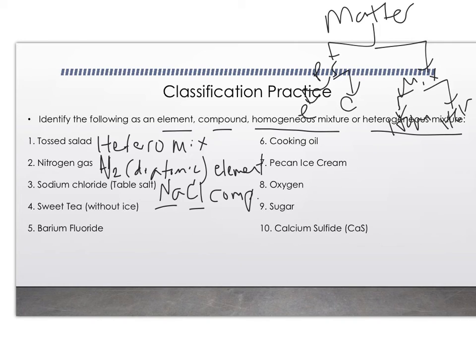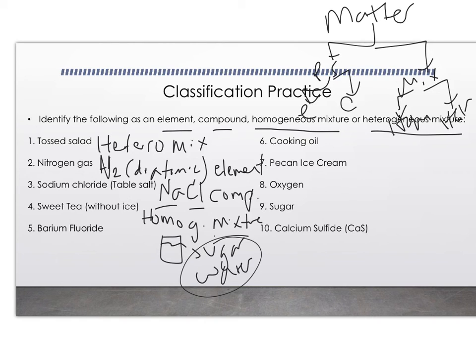Sweet tea without ice would just be a container of liquid. If there's no ice and the sugar has dissolved in the tea, that is a mixture of sugar and water, so it'd be a homogeneous mixture because sugar is a compound and water is a compound. So 2 or more substances make up a mixture.